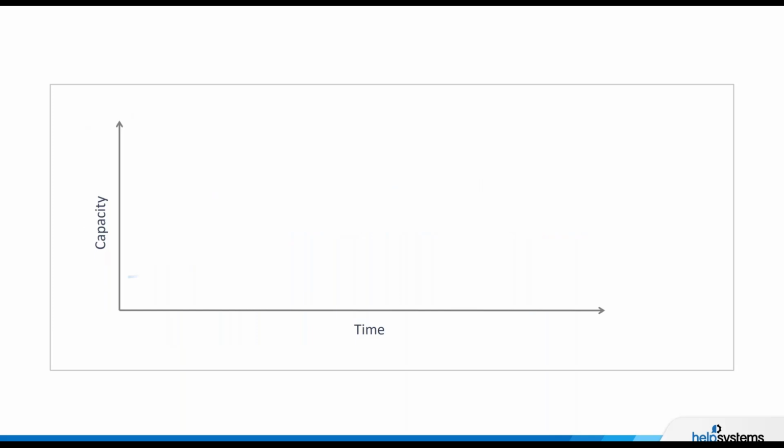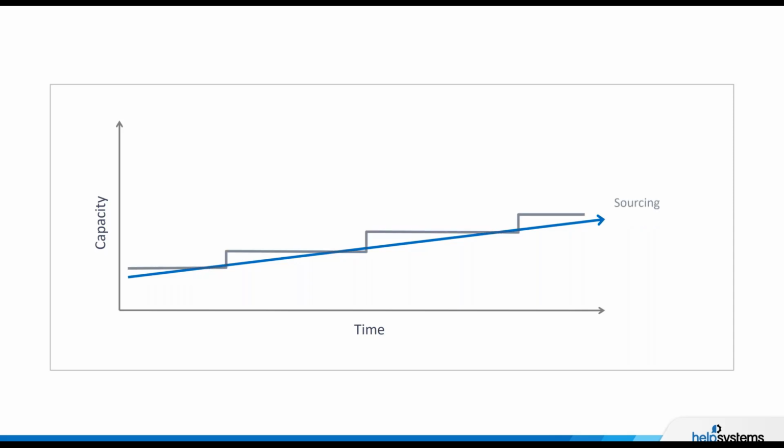So then, the napkin pitch for why you need to do capacity management. If you look at a company, there's an assumption that over time the demand for resources will increase, whether those resources are, as we said, on-prem or in the cloud. You have a sourcing mechanism that makes those resources available to you. If you don't have a way of forecasting, the only way to find out is through some sort of incident.